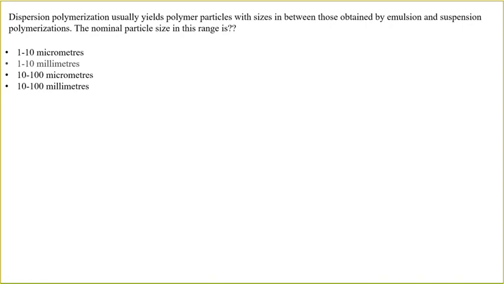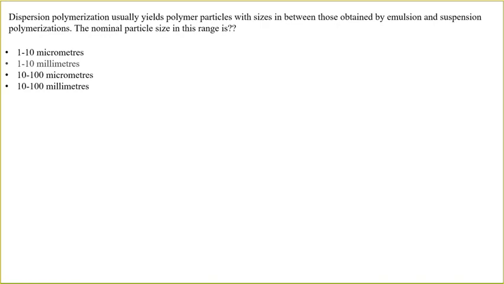Somewhere in the middle of that will be 1 to 10 millimeters. That is the particle size produced in dispersion polymerization, in the middle of emulsion and suspension polymerization.